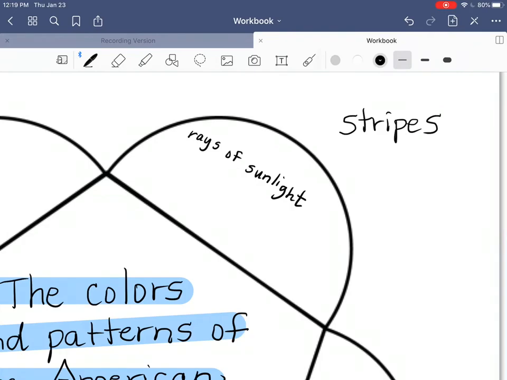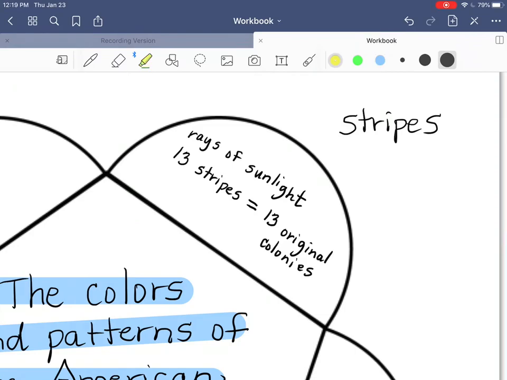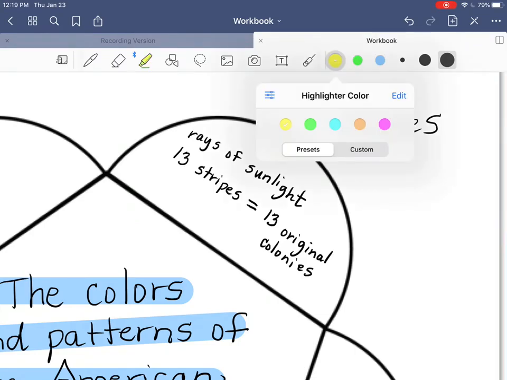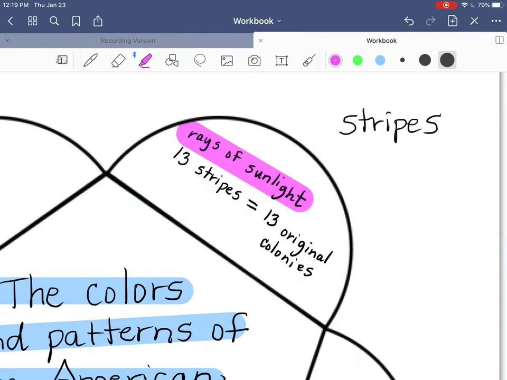Because they look like rays of sunlight. Our flag has 13 stripes, and that includes the red and the white, and that represents the 13 original colonies. And if you don't know what those are, that's coming. So just hang with me and I'll teach you about those very soon. So on the back of your stripes tab, you have the details that relate to the stripes. These are the pink things that we did in our annotation.